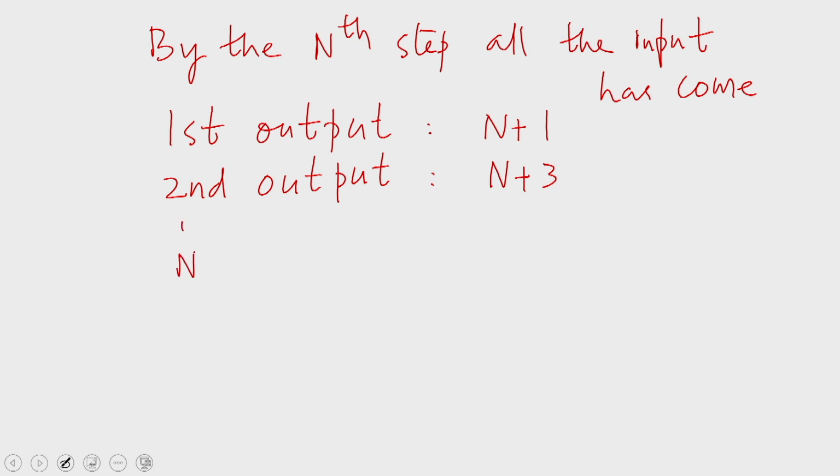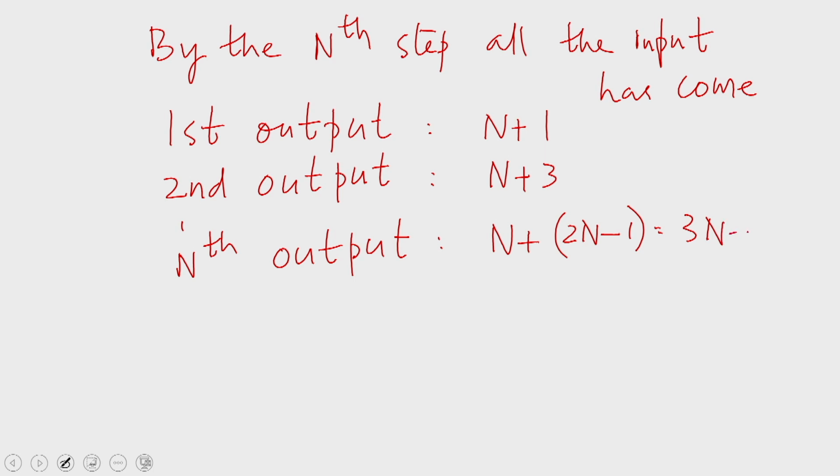Therefore, the nth output, which is the last of the outputs, happens in step number n plus 2n minus 1, which is 3n minus 1. So, by the 3n minus first step, you have received all the outputs.